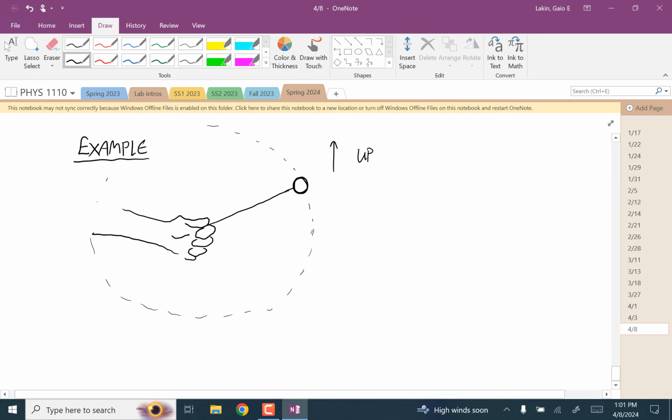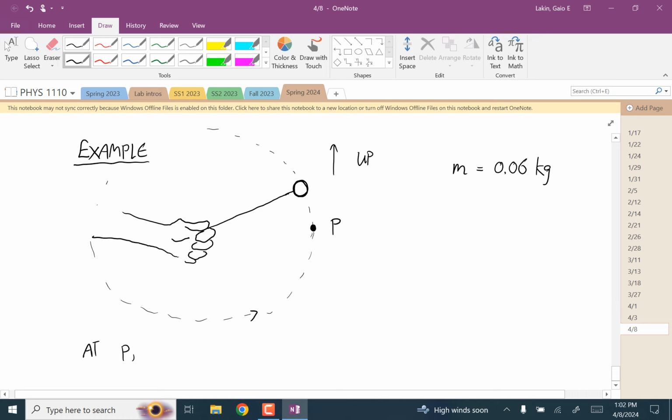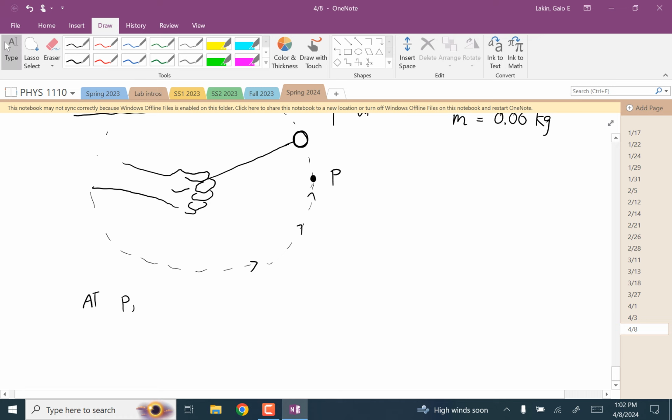And let's say that the mass of that ball is 0.06 kilograms again. And let's say that at this point P, and by the way, it's going this way, so when it gets to P, it's on the way up.